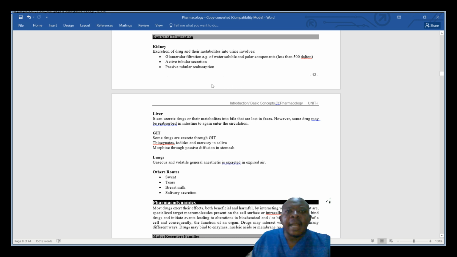There is active tubular secretion. There can be passive tubular reabsorption, so that the components the body needs are used by the body. Through tubular secretion, the components the body does not need are excreted.